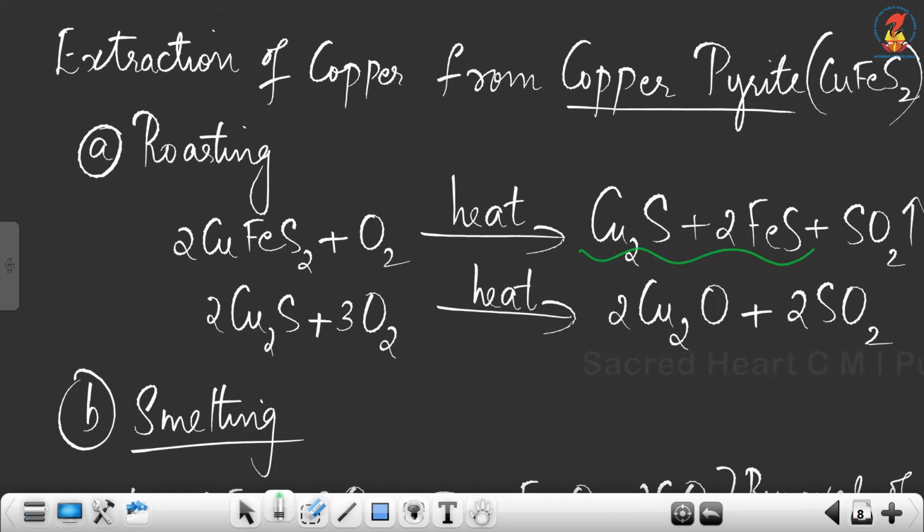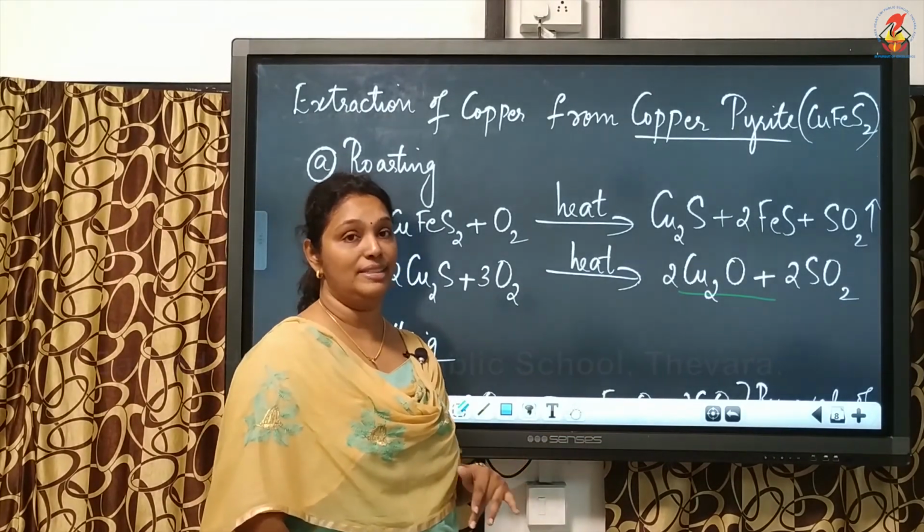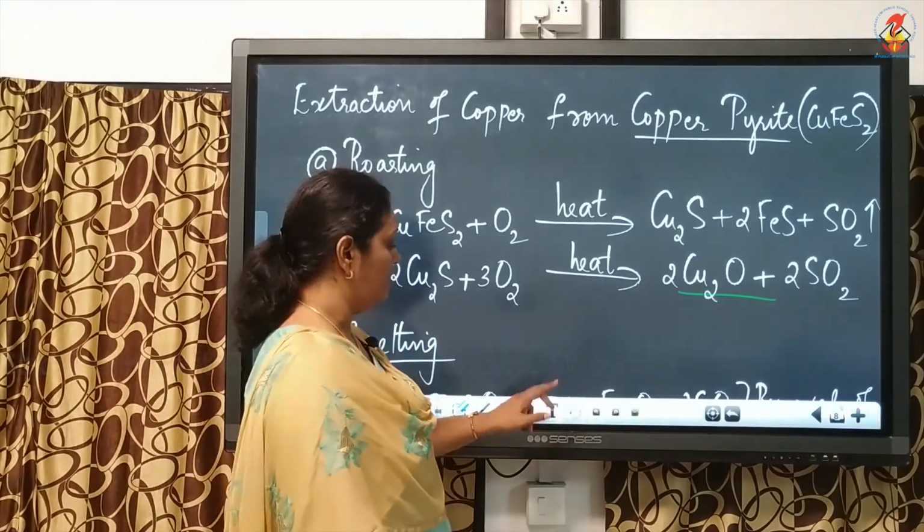In the second step, Cu2S will combine with oxygen to form Cu2O, and FeS is removed in the next step. So this is the first step, roasting.